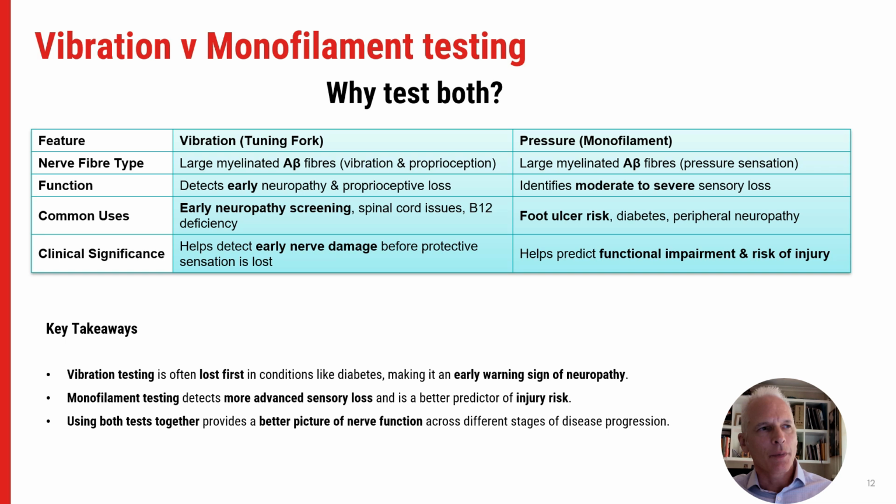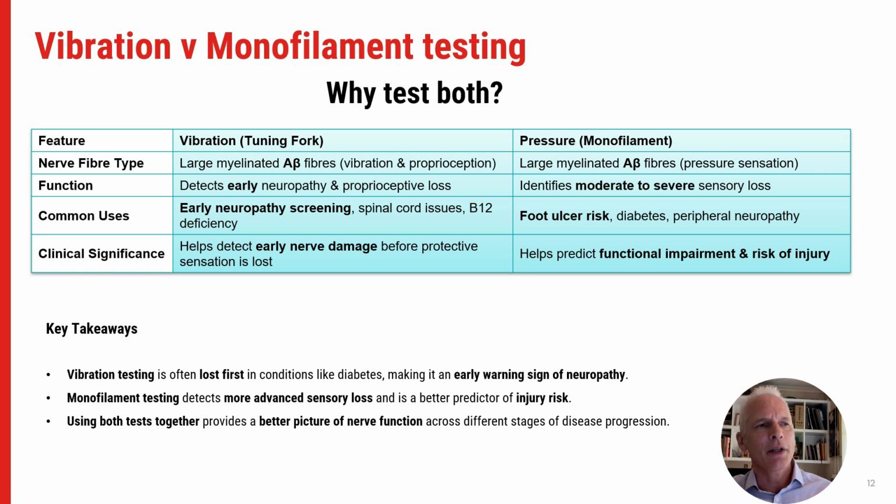So we're just going to talk briefly around vibration and monofilament testing. And the big question is why would we test both? Vibration goes through the A beta fibers, just like the monofilament tests pressure, and that also goes through the A beta fibers, so it's testing the same fibers.